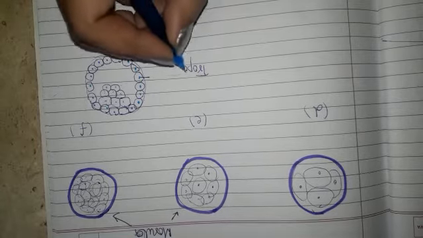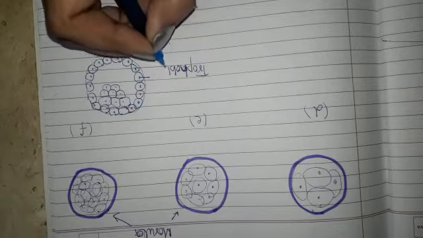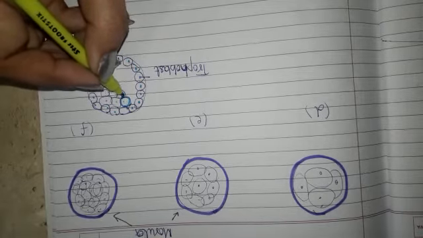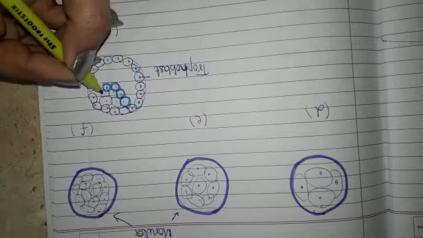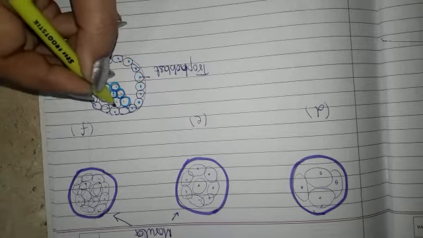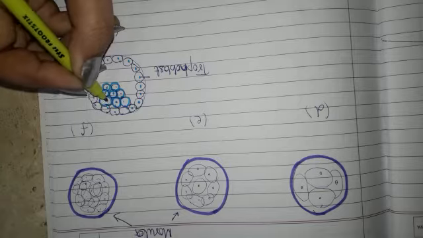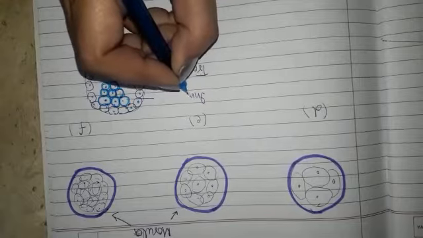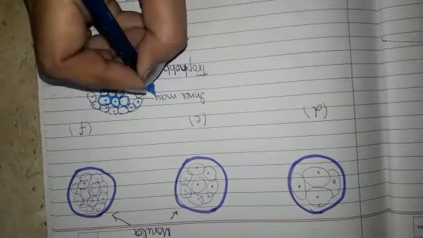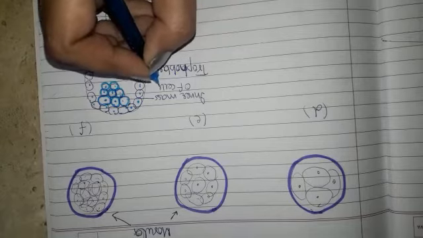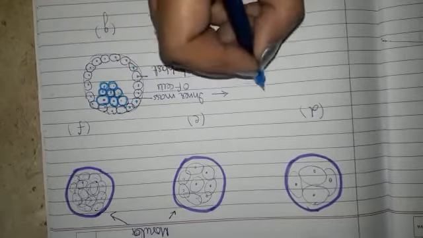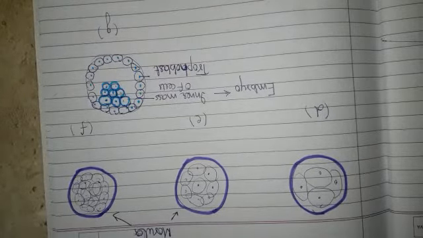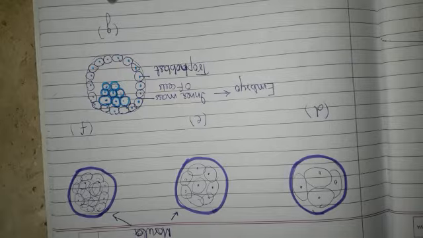This is the trophoblast. And there is an inner mass of cells. One is the outer layer, one is the inner mass of cells. This inner mass of cells forms the embryo. These inner mass of cells will form the embryo. So this is the two layer stage.